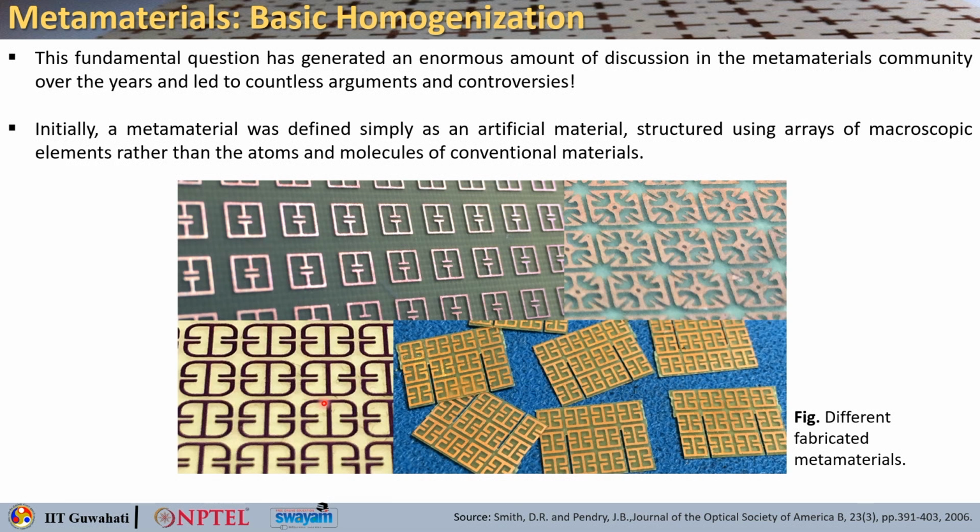Okay. They all decide the effective permittivity and permeability of the overall material. So, this is another kind of design. You can understand that you can change this design, change the periodicity, and make a material with a different effective permittivity and permeability.